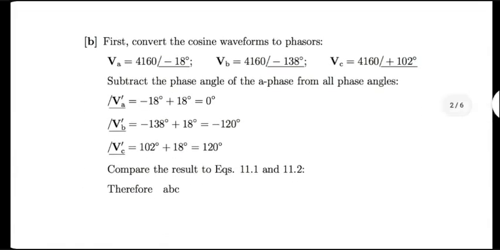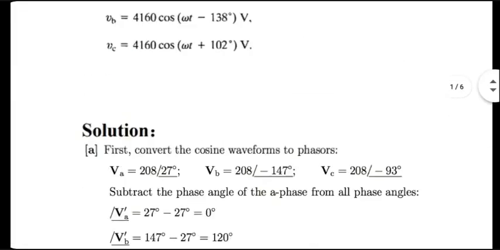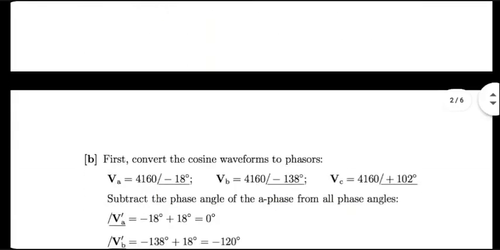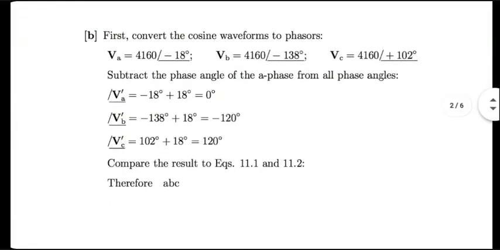In fact, what he is doing now is he is taking the voltage A as the reference. So he is subtracting minus 18 from the other two phase shifts directly. Let's do that. So you get 0, minus 120 degrees, and minus 240 degrees. This is normally called positive phase sequence, and it is ABC.